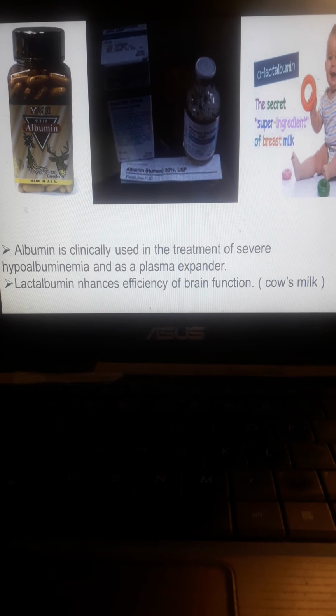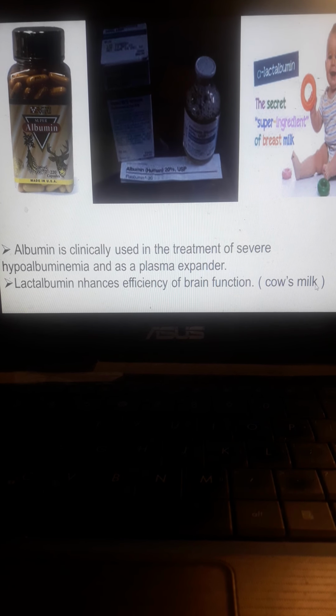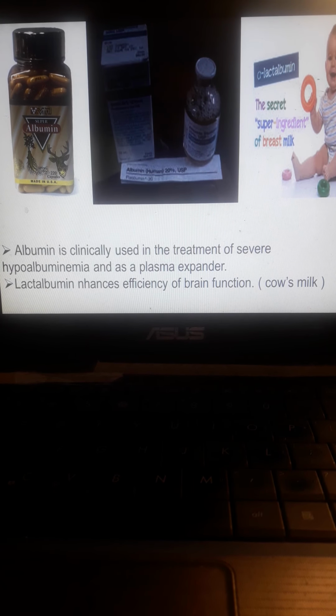Albumin is used in the clinical treatment of severe hypoalbuminemia and is also known as a plasma expander. Lactalbumin enhances efficiency in brain function and is usually found in cow's milk or nutritional formula, infant formula, for babies.